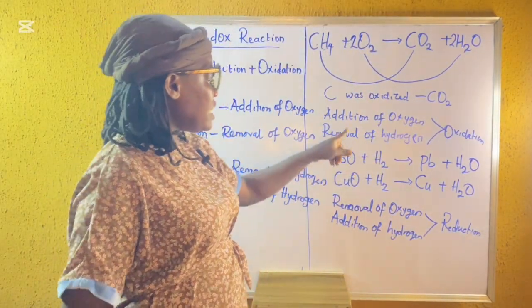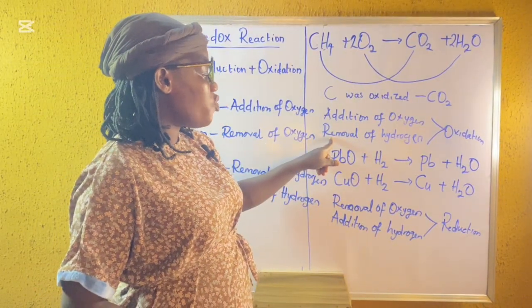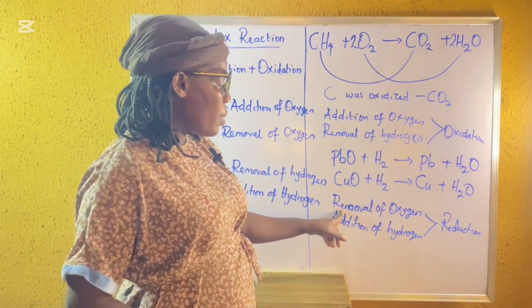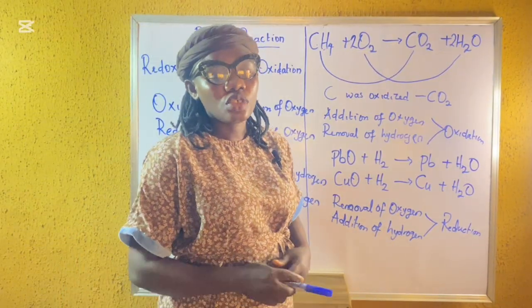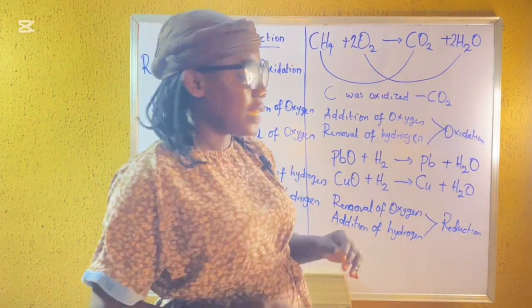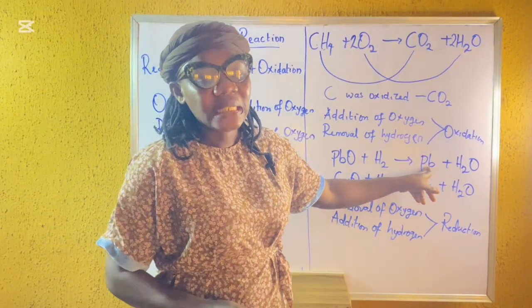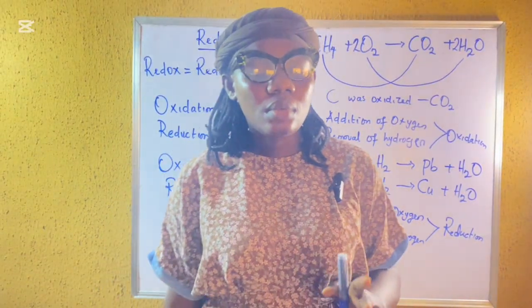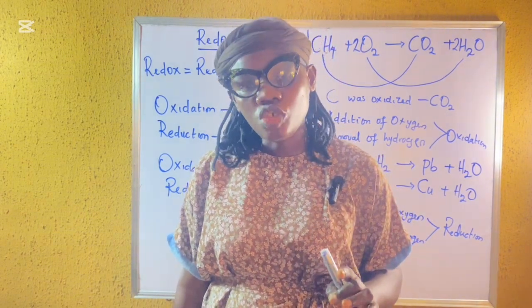So oxidation is addition of oxygen and removal of hydrogen, while reduction is removal of oxygen and addition of hydrogen. What hydrogen does when it is added to any substance is that it converts a metallic oxide to its metal and then form water. So now let's look at the term oxidation and reduction in terms of electron transfer.